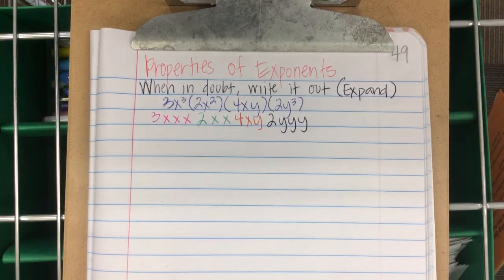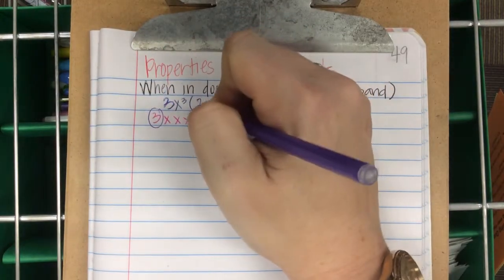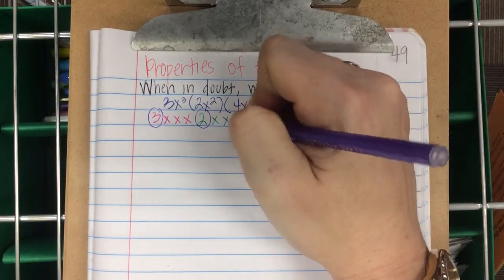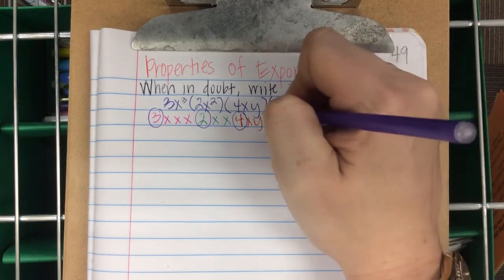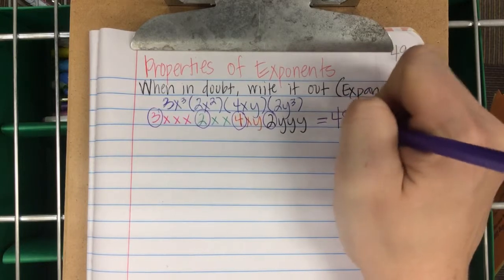Now, looking at this, I can rewrite it. I can unexpand it, correct? So, 3 times 2 is 6, times 4 is 24, times 2 is 48.